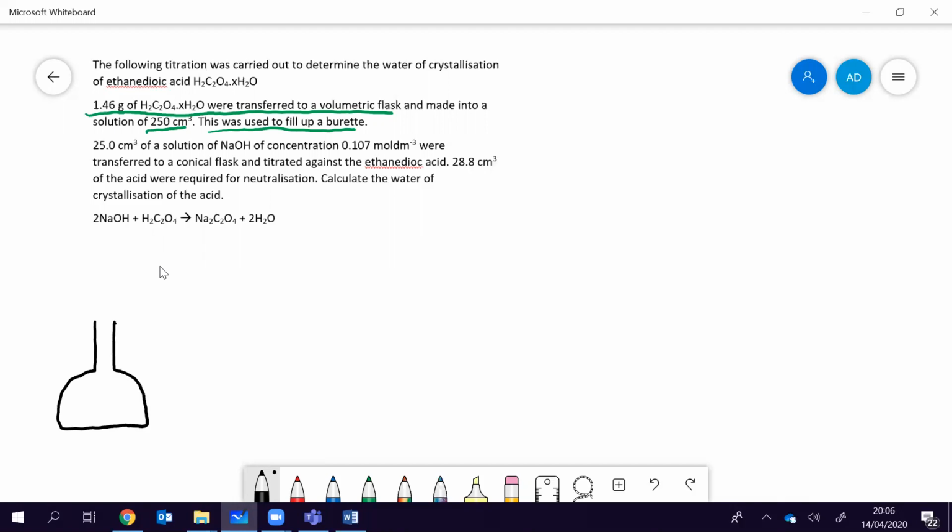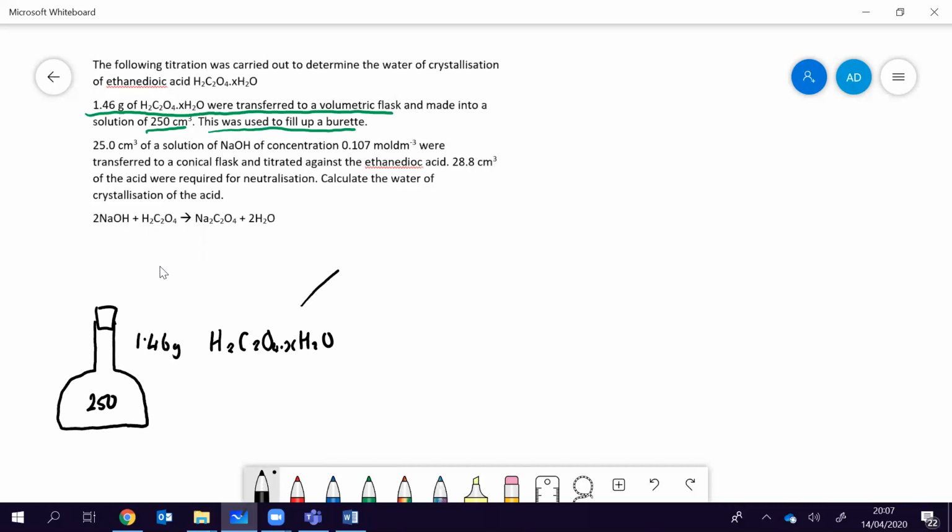250, and we're putting in there 1.46 grams of the hydrated acid. I'll write the formula that way around, H2C2O4·XH2O.